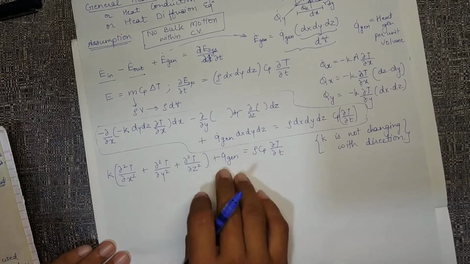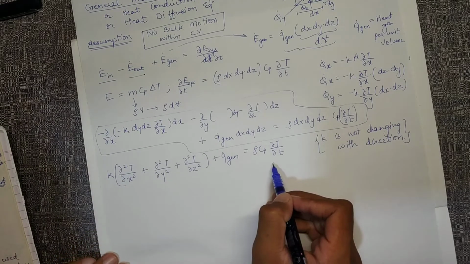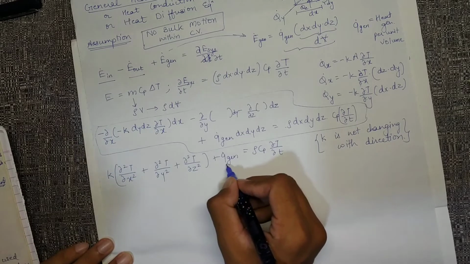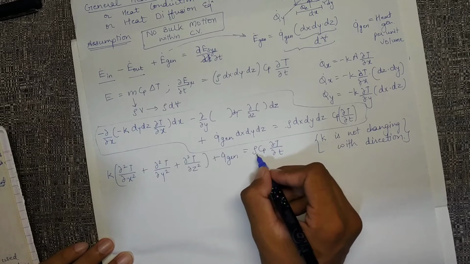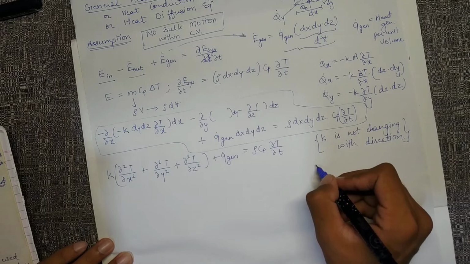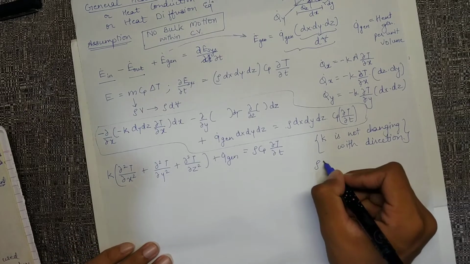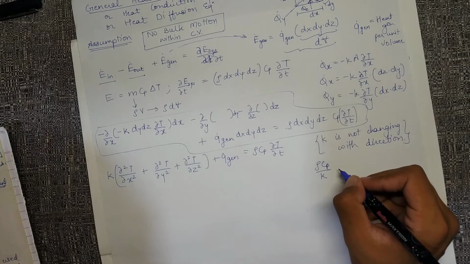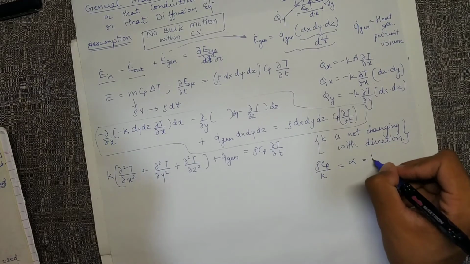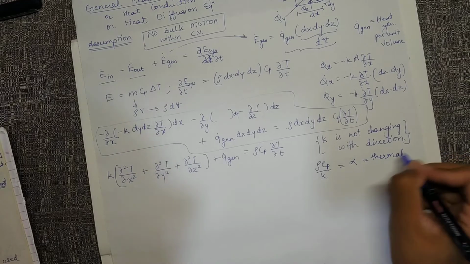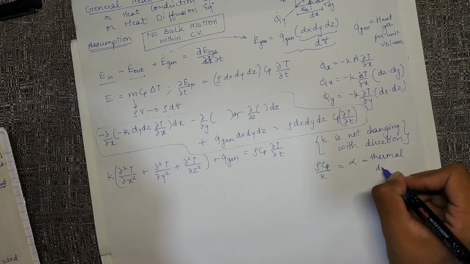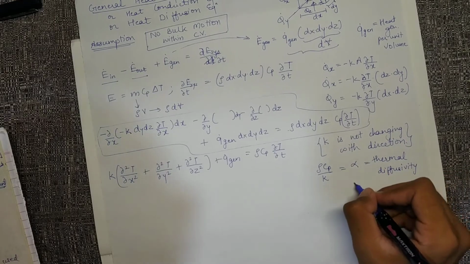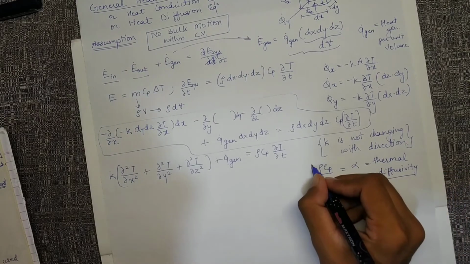I'm writing this again by taking k at the bottom. If I take k to the bottom, the q dot gen term will have k in the denominator and rho Cp will have k in the denominator. So let me define another constant: I'll take alpha, which is k upon rho Cp, and alpha is termed as thermal diffusivity.